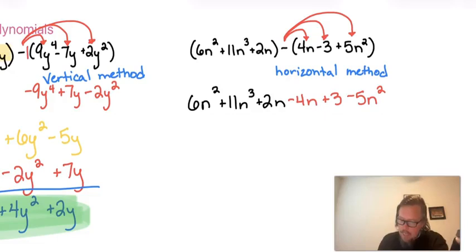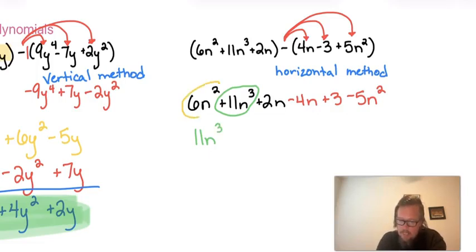After I distribute the minus sign, now I just combine my like terms. So let's go ahead and do that. Let's start with the biggest exponent, which is cubed. I have an 11n cubed, and I don't have anything else that's cubed, so just 11n cubed. My next biggest exponent is squared.